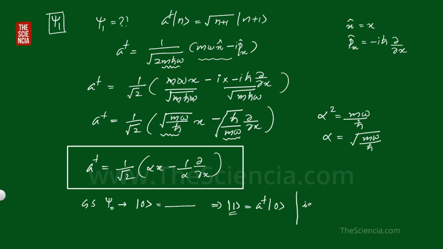If this creation operator operates on state 0, the state we know already, we get root 1 ket 1. That is, ket 1 is equal to 1 by root 1 into a dagger ket 0. So this is the expression for finding the next higher energy state, that is psi 1.